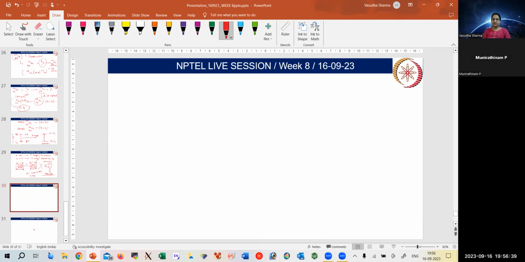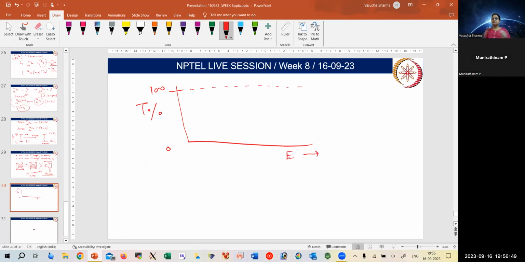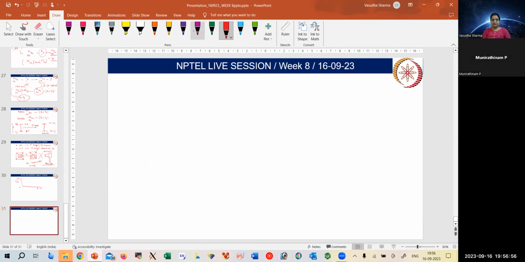And therefore, we will have a graph, right? Transmittance, this is 100%, this is 0. So this would be a straight line parallel to your energy axis, because there is not going to be anything. So in that particular case, we use the Doppler effect, because we want some energy to be transmitted and some energy to be absorbed so that we can see the spectra.